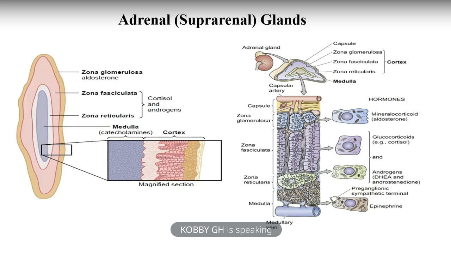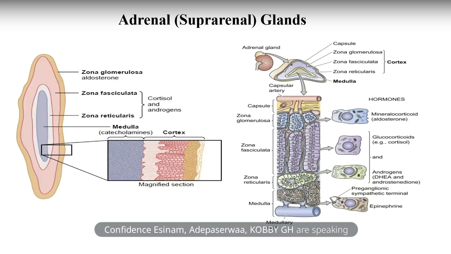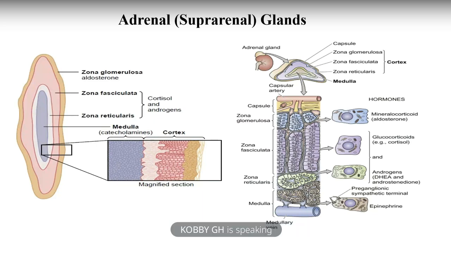Okay. Which part of the adrenal gland produces epinephrine? Adrenal medulla. Okay. Which part of the adrenal gland produces the catecholamines? The adrenal medulla. Okay. Mention the hormones that are called catecholamines.